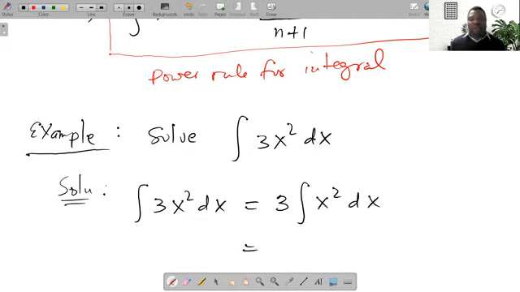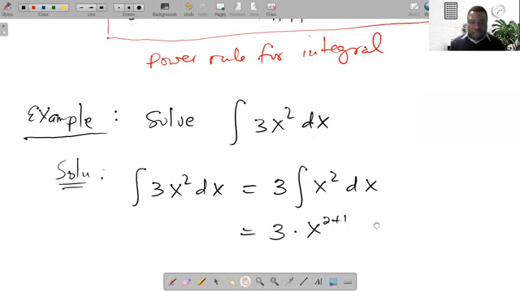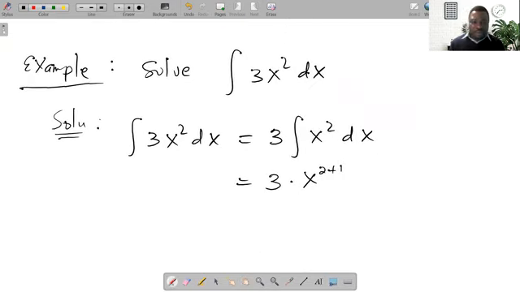And then based on the power rule, which we have just considered, all that you got to do here, the 3 stays, the 3 multiplies, and then you add 1 to the power. That is when you are integrating, divided by the result of your power, which is 2 plus 1. And then you add some constant, because that is the antiderivative.